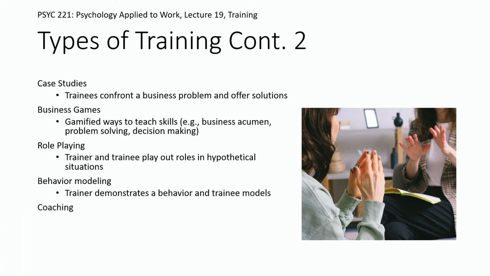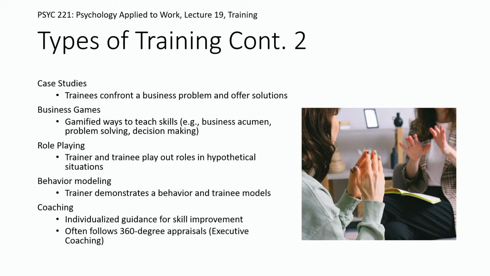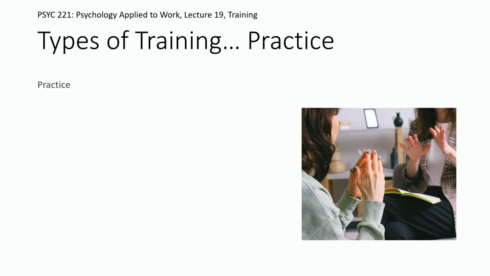There's various ways of doing coaching. That can be just individual guidance around a skill improvement. In one place, we mentioned appraisals, and I mentioned 360-degree appraisals, and that those are typically done at the leader level. There's a thing called executive coaching, which is sort of advanced interpersonal leadership skills.